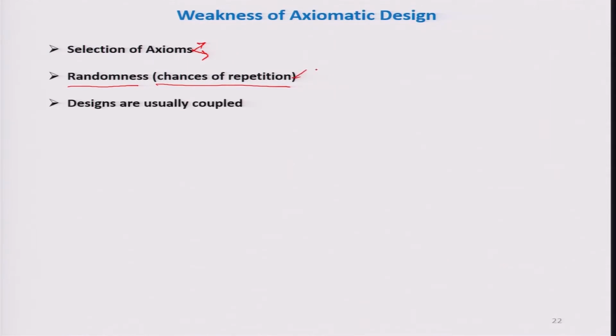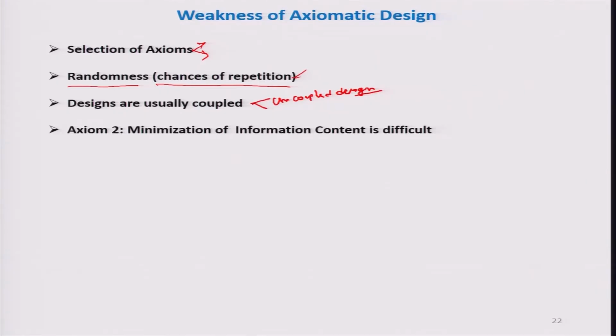The third one is that designs are usually coupled. In real practice, it is very difficult to find an uncoupled design. Designs are always related; one requirement is related to more than one design parameter. So you always have to minimize your design parameters and information content so that the design gets converted into an uncoupled design. So it is a very tedious task.